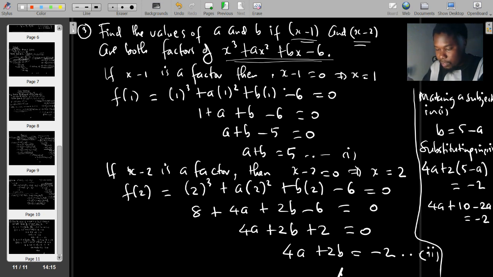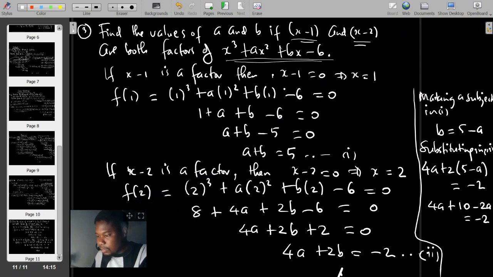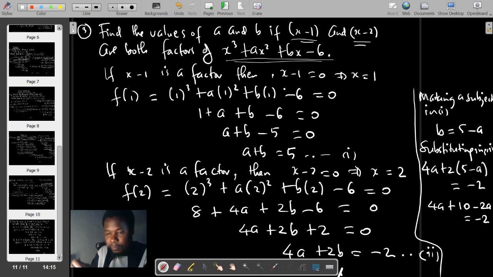So what we can do here is to simply create space somewhere. Okay, so from there we're going to have 4a minus 2a gives us 2a plus 10 equals negative 2.